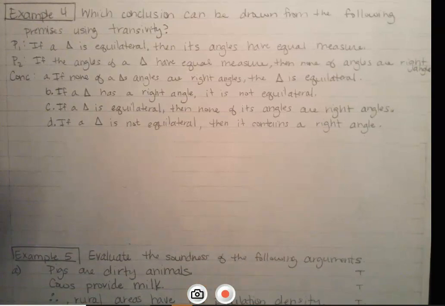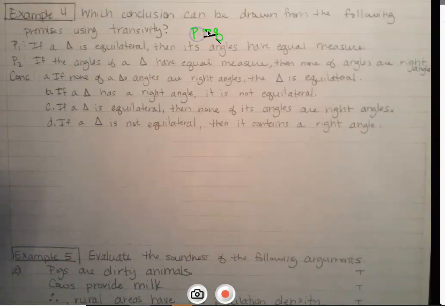All right, example 4. Which conclusion can be drawn from the following premises using transitivity? Okay, you may need to flip back and look at transitivity. That was number 3, the transitive type of deductive reasoning. So that was if P, then Q. Let me write it down here actually where I have a little bit more room.